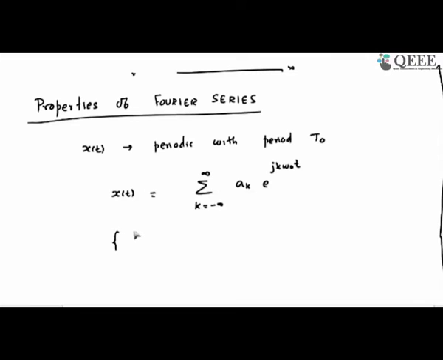So the coefficients ak, where k is from minus infinity to plus infinity, k belongs to the set of integers, both positive and negative. So this set of coefficients gives an equivalent representation of the signal.